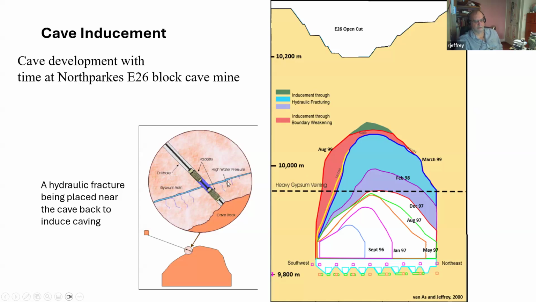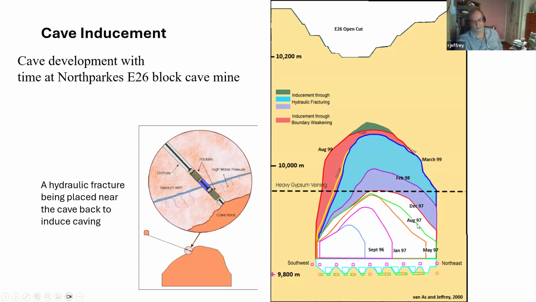And that process was undertaken in North Parkes because initially they undercut it and started mining, and they thought they would be able to mine without preconditioning, but preconditioning really wasn't a thing when they started mining here.